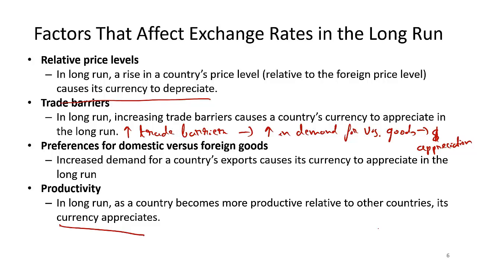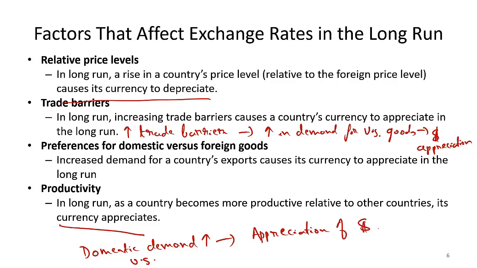So the general rule is this: if domestic demand increases, that means people want to buy more US products, and domestic means also the US demand increases, and by demand I mean goods and services, it leads to appreciation of the dollar.